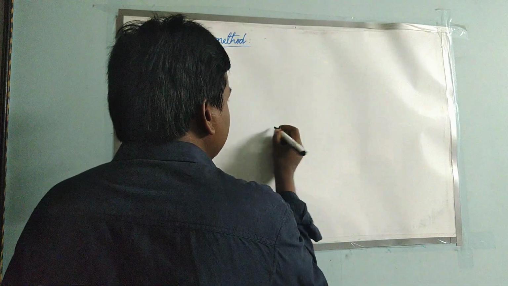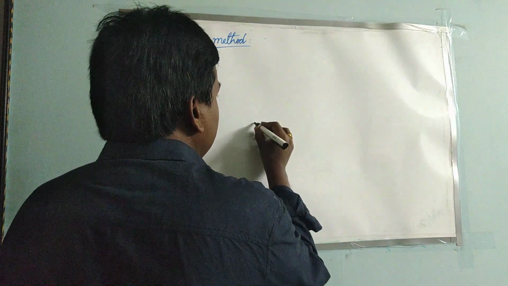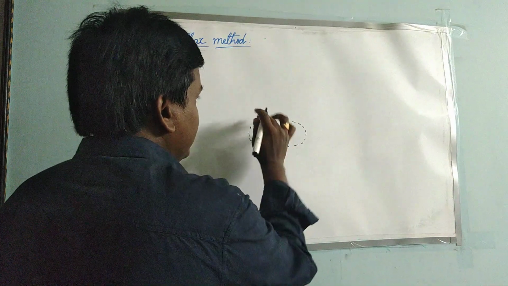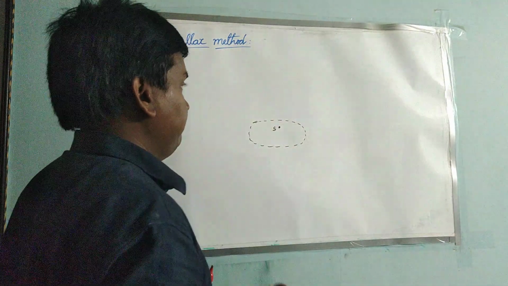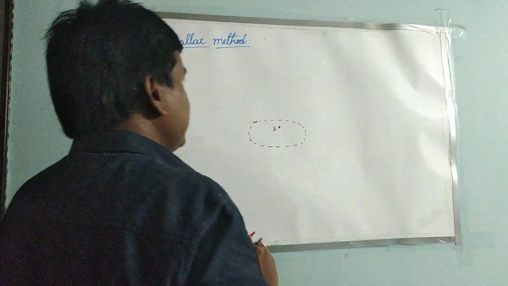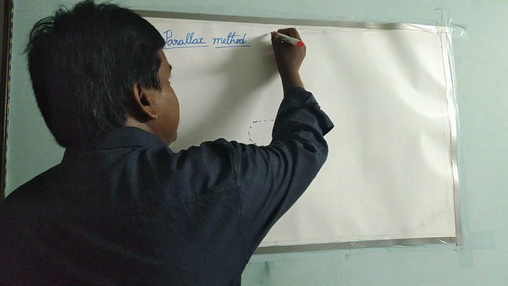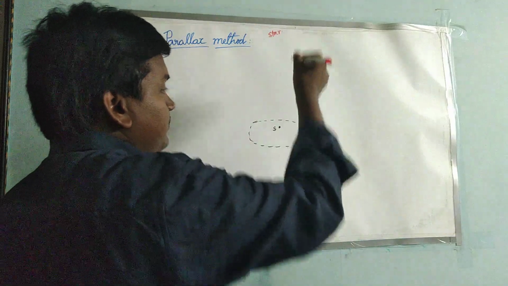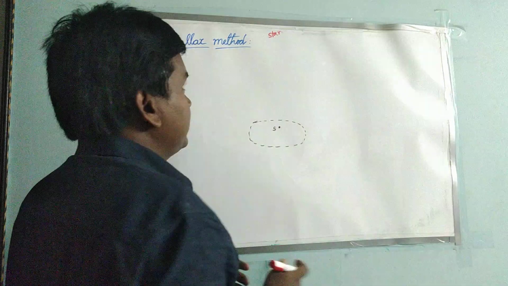Now I am considering this as the sun, and this is the orbit of the earth, and I am considering a star here. A star is far from our solar system.